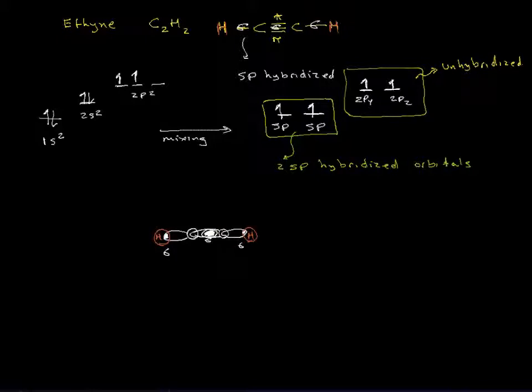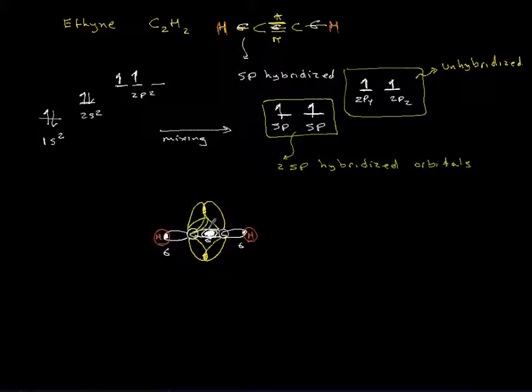Now let's go after one of the pi's. So I'll go after this pi here, which is overlap of 2 orbitals. So this is a pi bond. Now if I try to draw the other pi bond, I will do it at another 90 degrees to that.